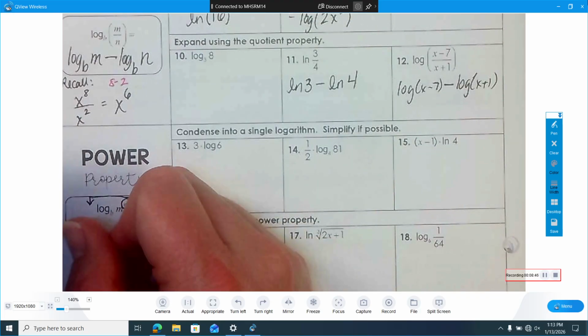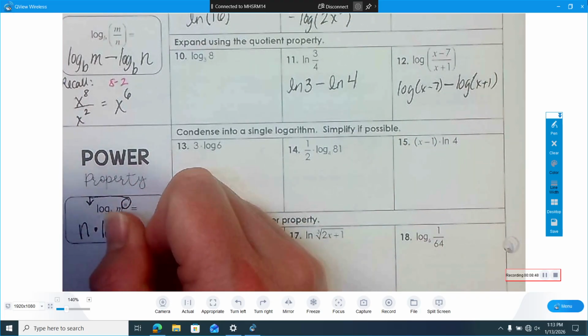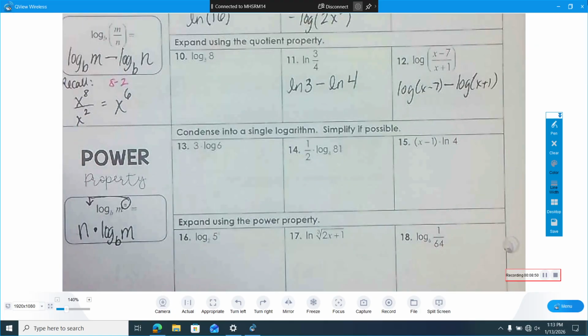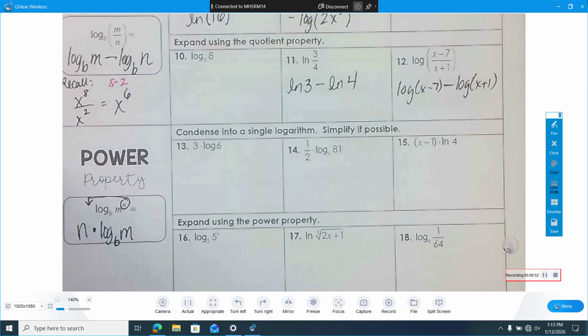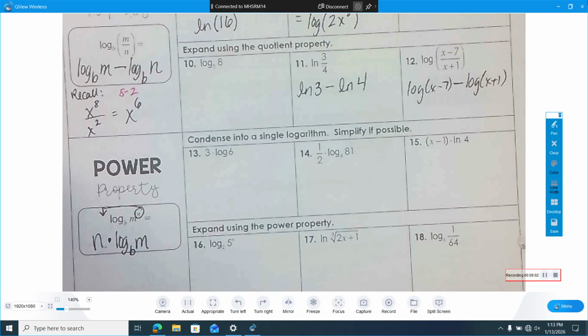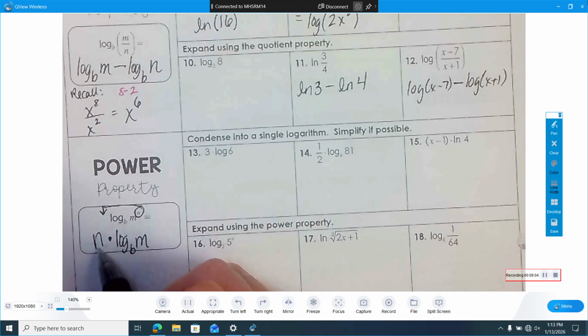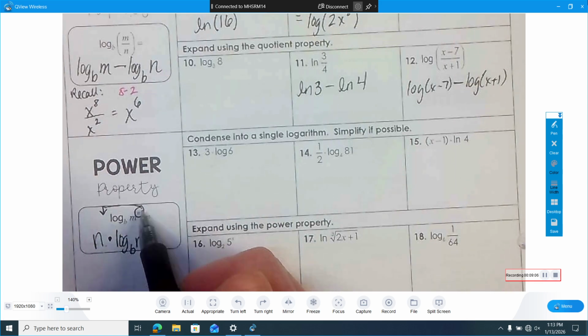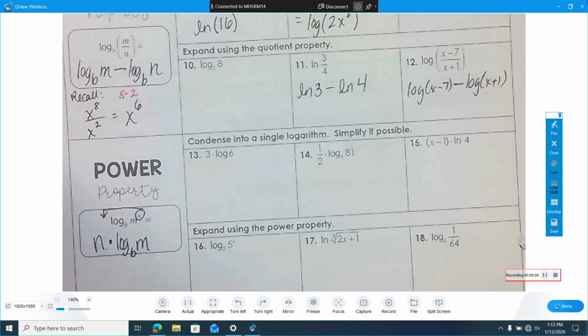So it becomes n times log base b of m. So your powers get to drop down in front. All right? Now the reverse is also true. If you have a number in front of a log, I can go backwards and condense it by moving that number in front right back up to its power position.